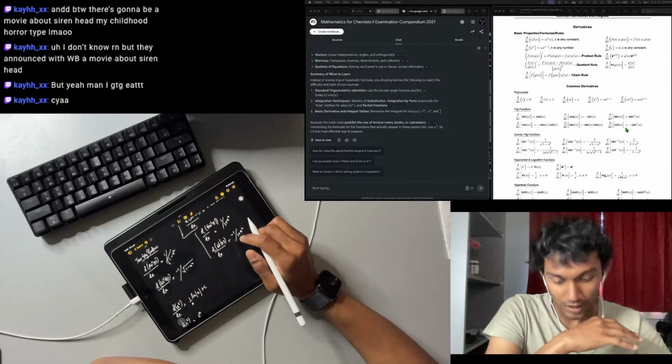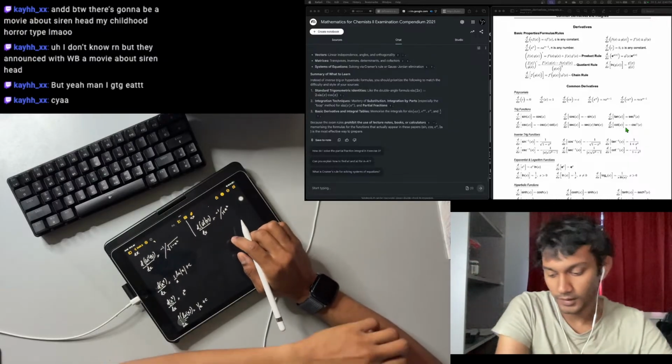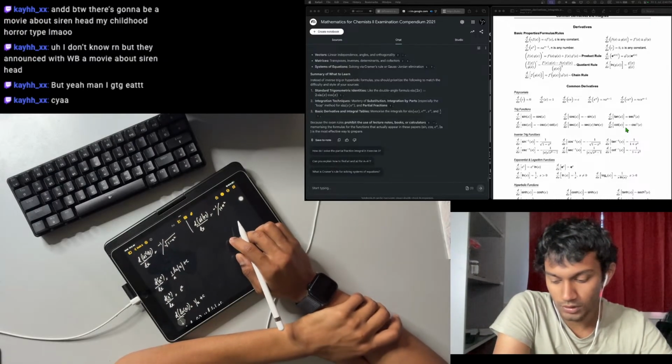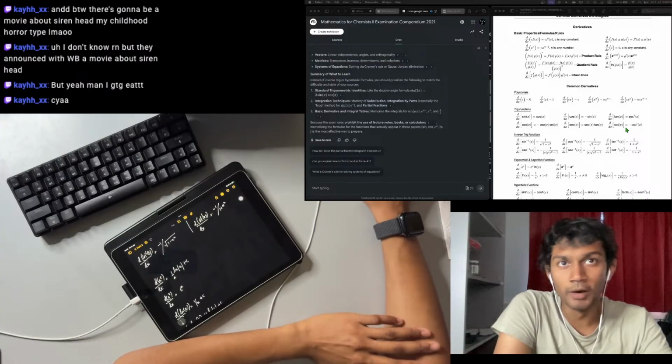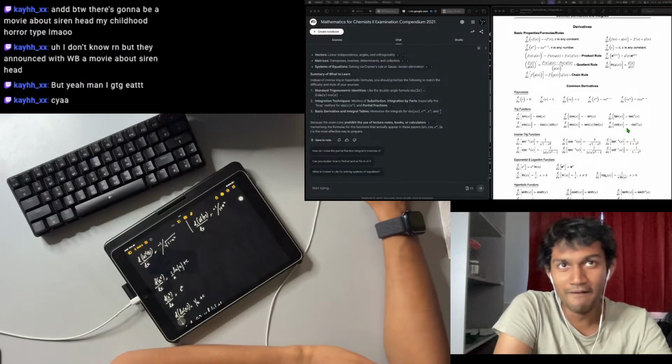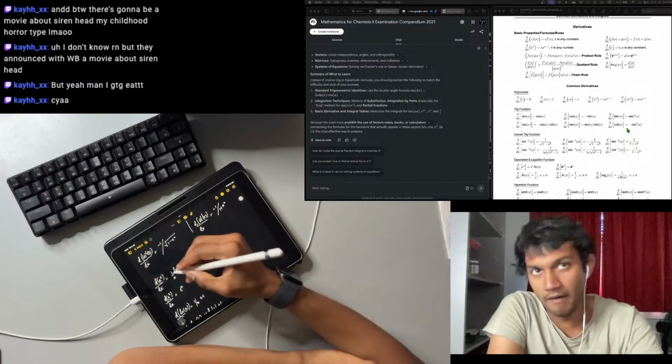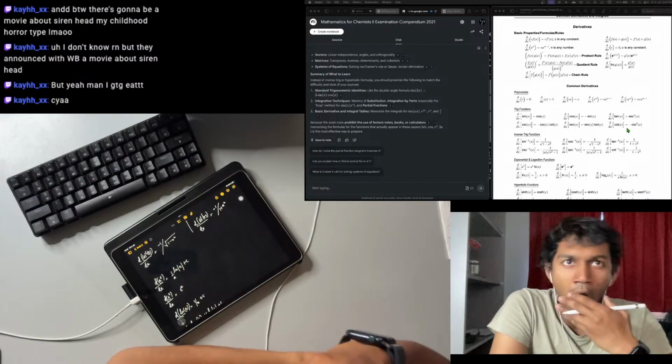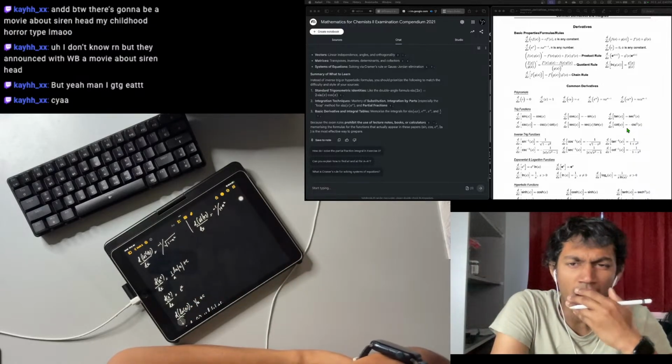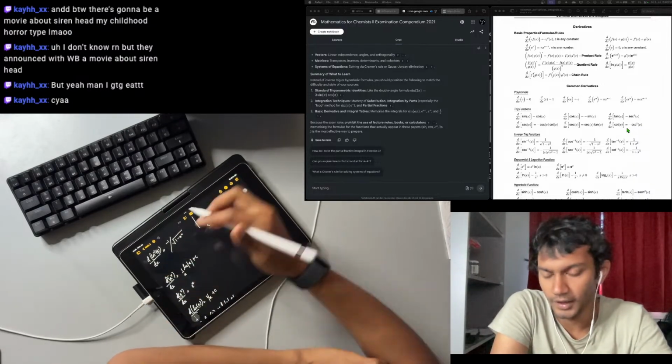Cosec. A raised to x. The derivative of a raised to x is a raised to x log of a.